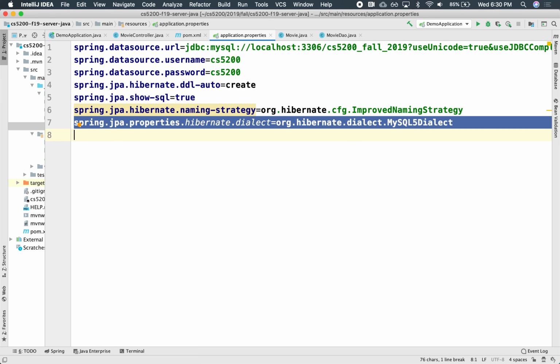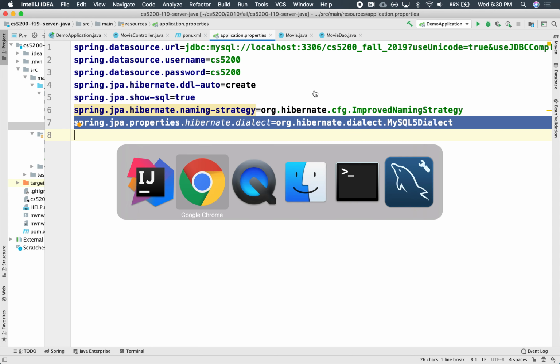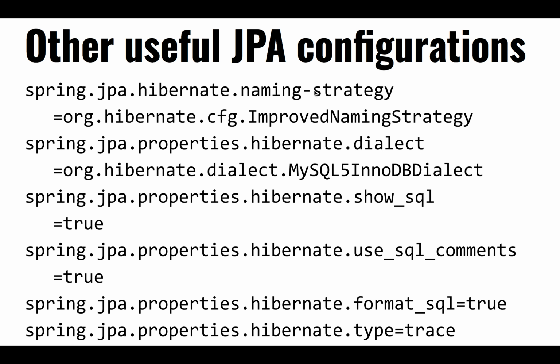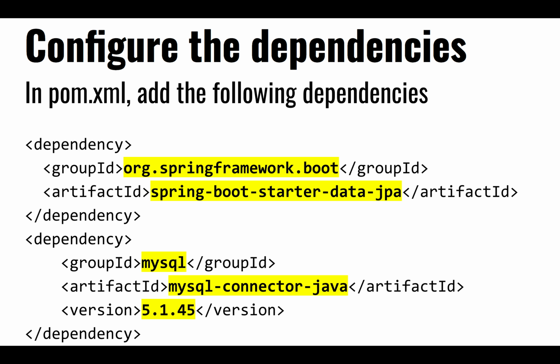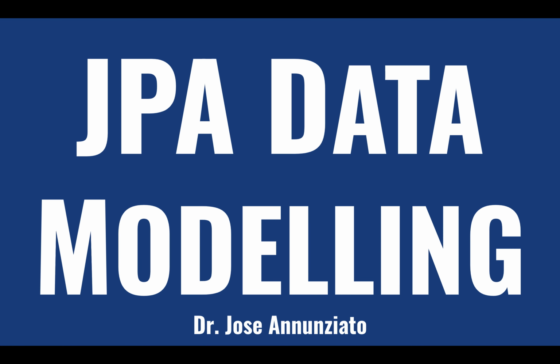So it can speak any dialect of any vendor out there, and you can configure that as well. There's a couple other things that can be configured. Add comments, format it for us, trace every single query. There's a couple other things, but we're just going to leave it at that. All right.